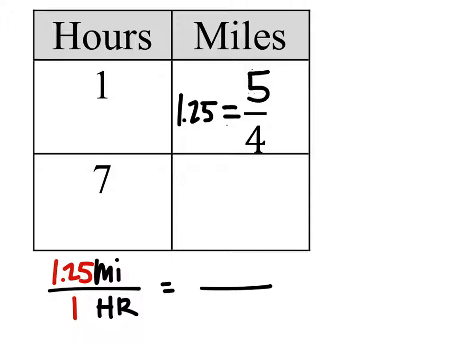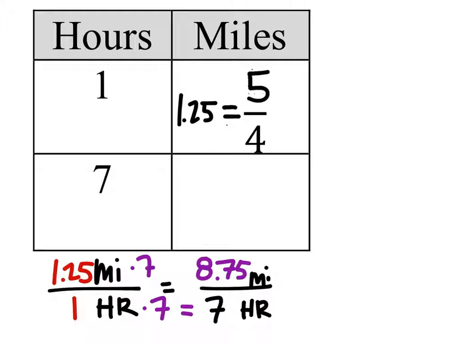But this should equal some number of miles in 7 hours. How would we figure this out? We'd do 1 times 7 to get to 7. See how that makes it pretty easy? And then 1.25 times 7 would be 35 over 4, or 8.75. Yeah, very good.